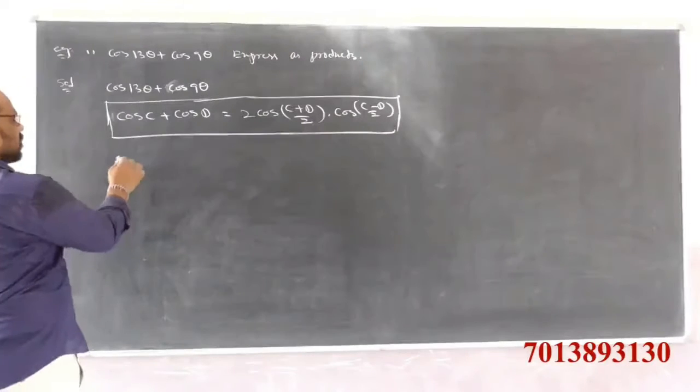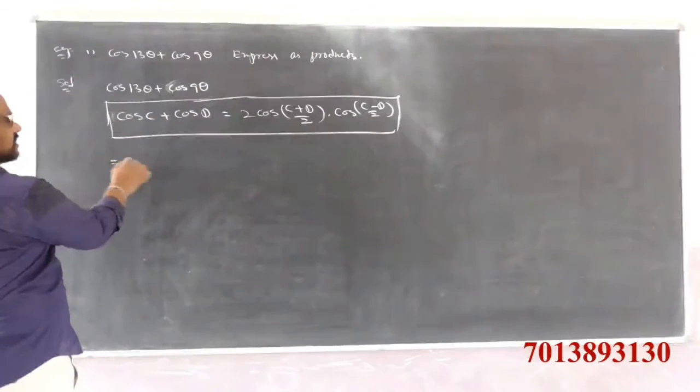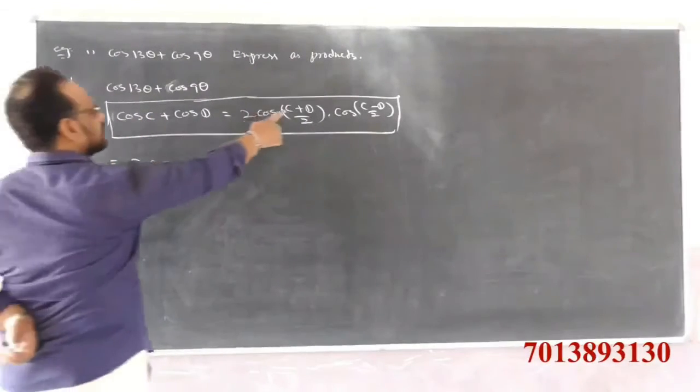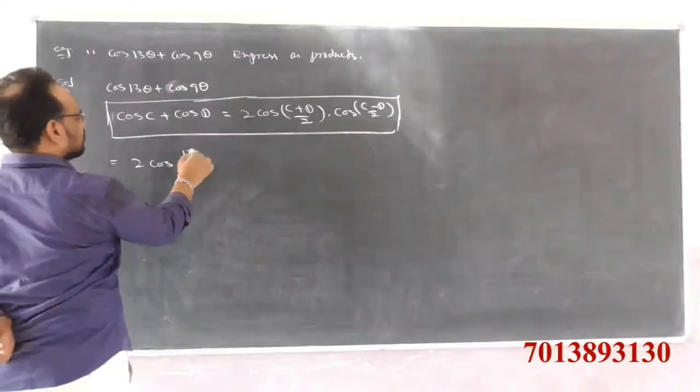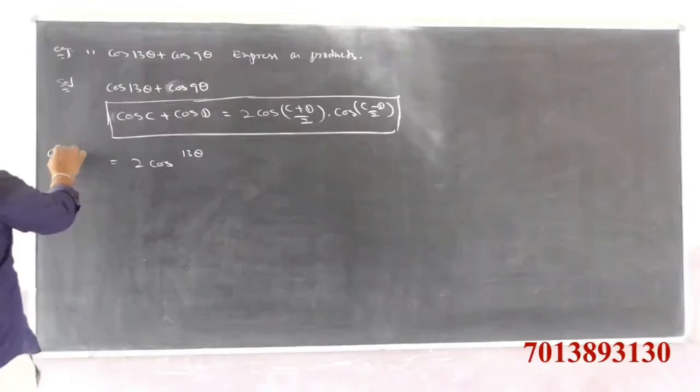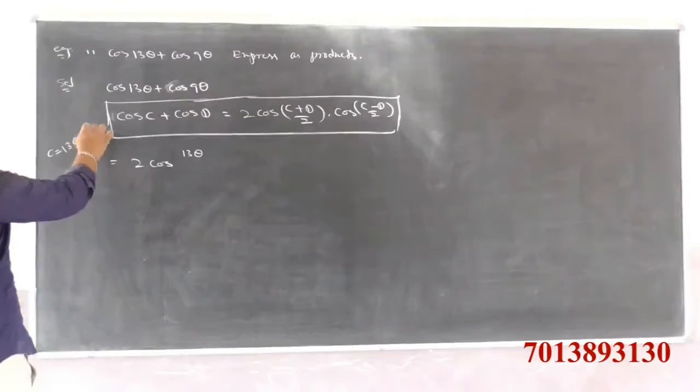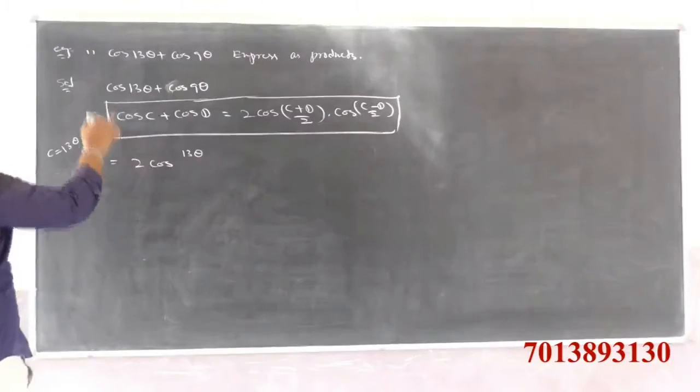Here C is equal to 13 theta, D is equal to 9 theta.